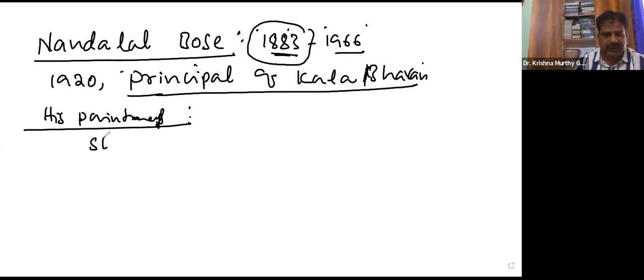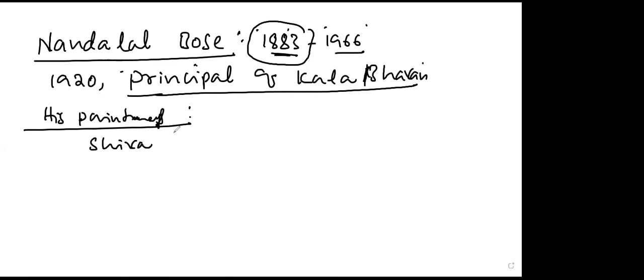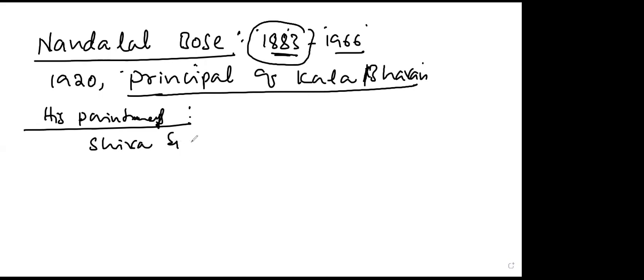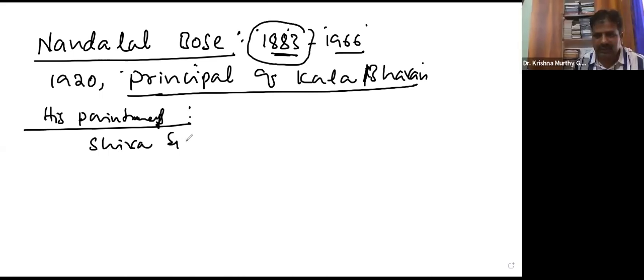Government of India awarded him the Padma Bhushan Award in the year 1961, which means in post-independence. Shiva and Sati is the first popular painting.